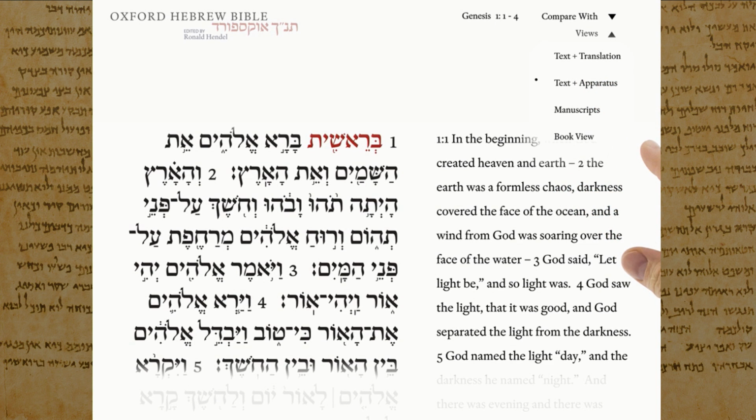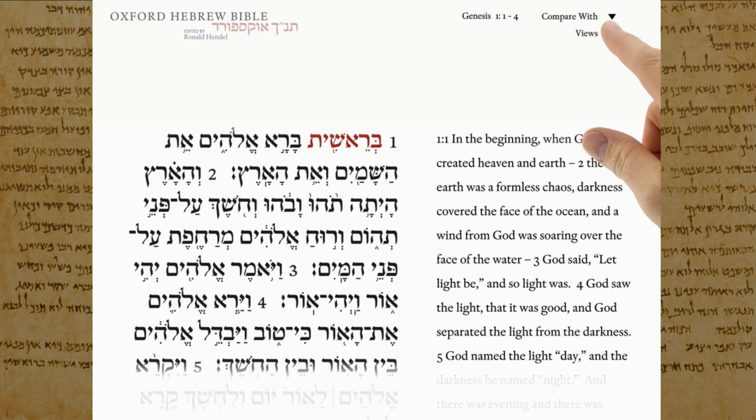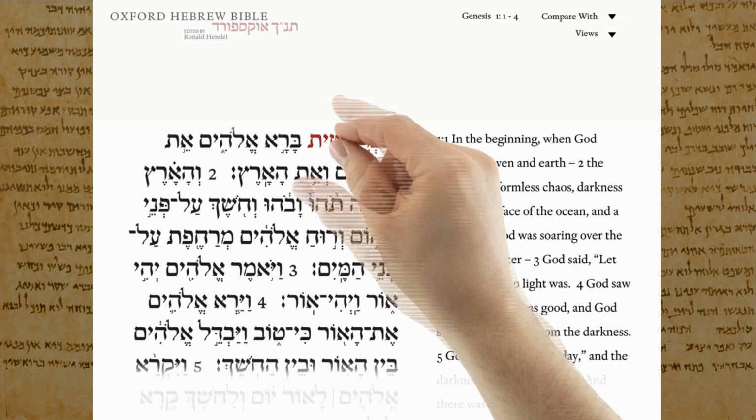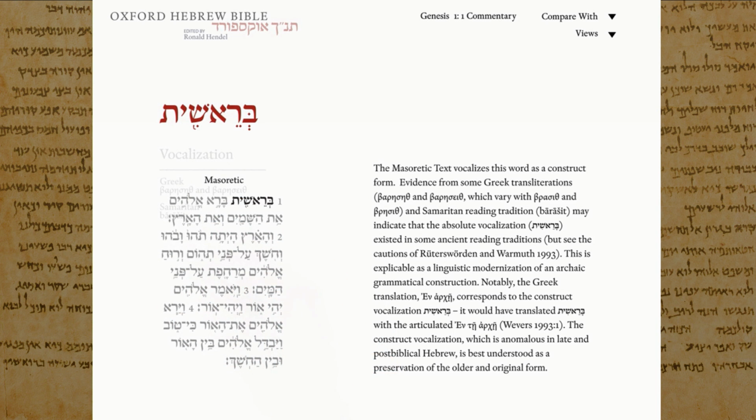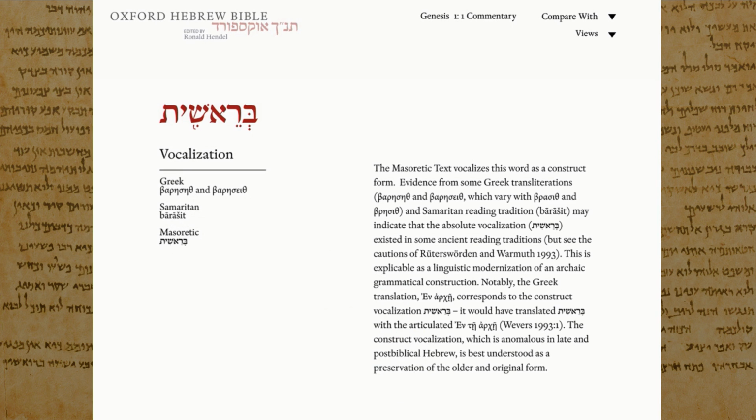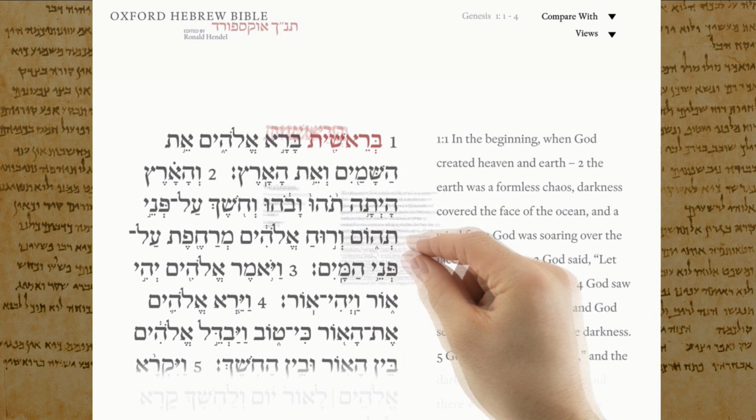And then you can see the textual apparatus, you can see comparisons with other translations. Here's the word Bereshit, meaning in the beginning. And we can see similarities or similar renderings from other versions, the Masoretic. You've got the Greek, the Samaritan right there, all at the touch of your fingers.